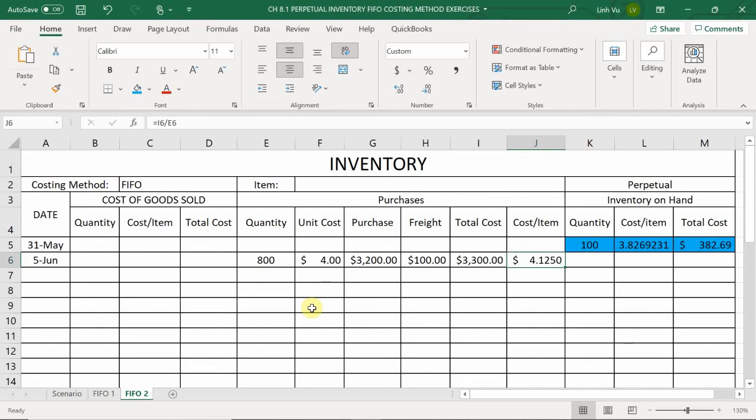Is there such a thing as saying that I sold things at half a penny? No. So that's the idea here. It needs to be in terms of dollars, so this one needs to be rounded for your cost of goods sold. But for the inventory worksheet itself, do not round.